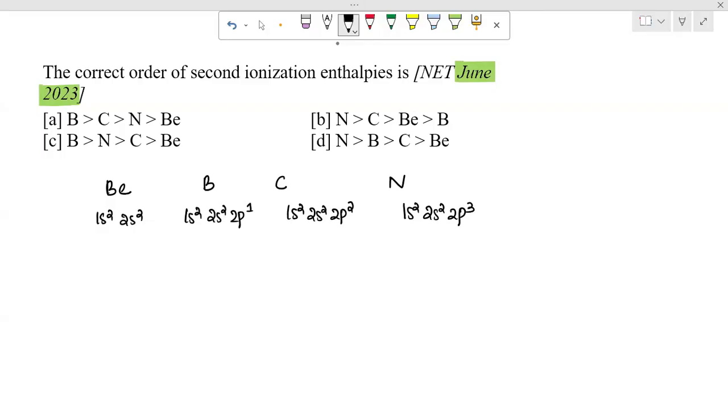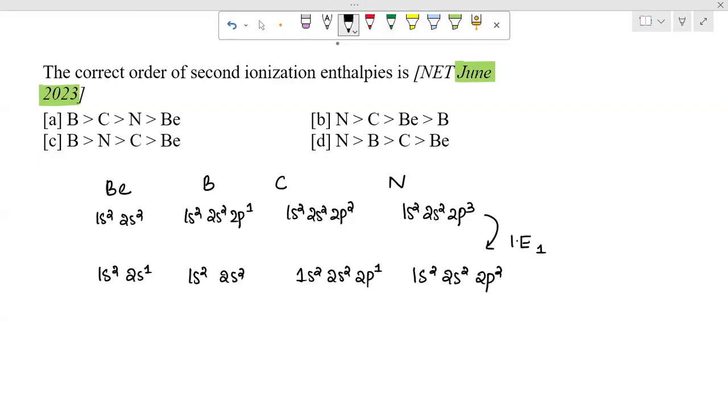This is the actual configuration. After the first ionization energy, this becomes 1s2, 2s1, 1s2, 2s2, 1s2, 2s2, 2p1, right? And 1s2, 2s2, 2p2. So this is not the question. The question is to find the second ionization energy.